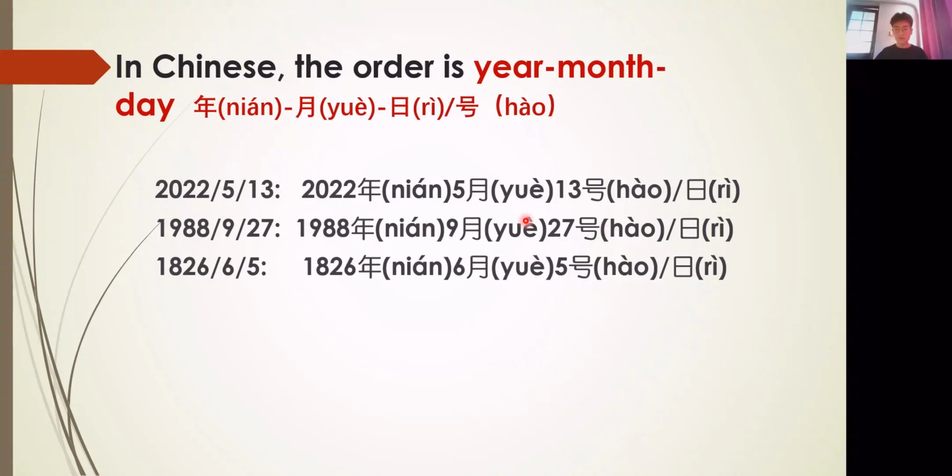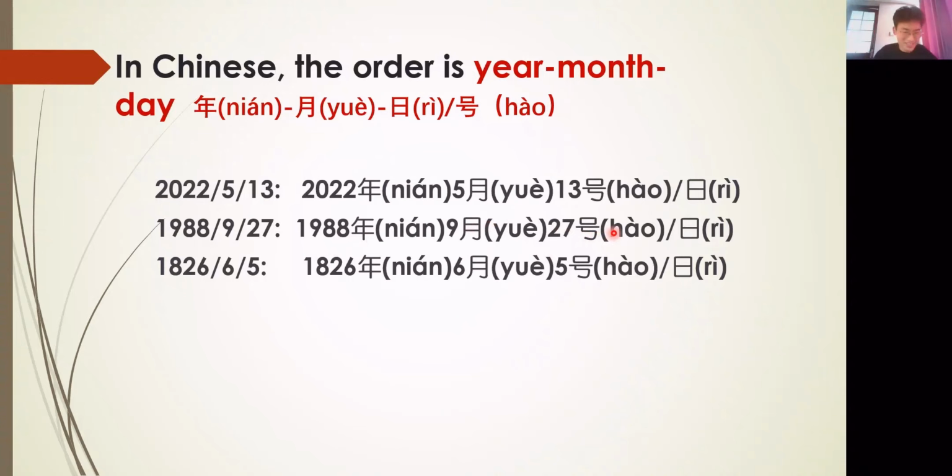So in Chinese it would be 1988年9月27号 or you can say 9月27日, right? So now let's move on to the third example.